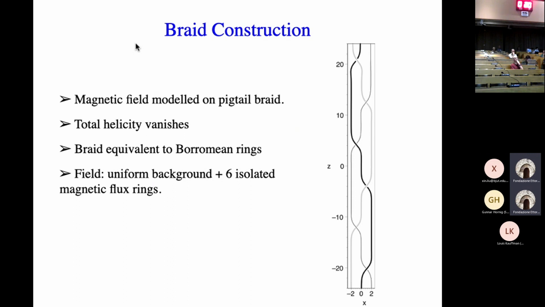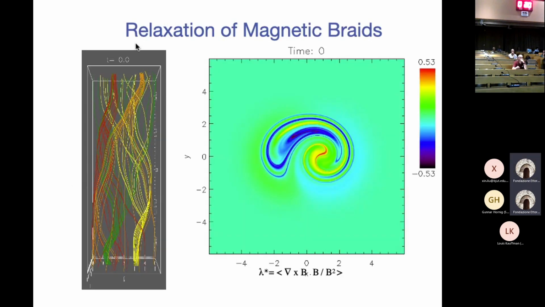For this example, we used the pigtail braid. So the braid word is the sequence of left and right hand twists as we go upward along the magnetic field. We can, in principle, generate arbitrary braids in that way, right? Here on the left-hand side, I plotted a set of field lines, and they are connecting the lower and the upper boundary.